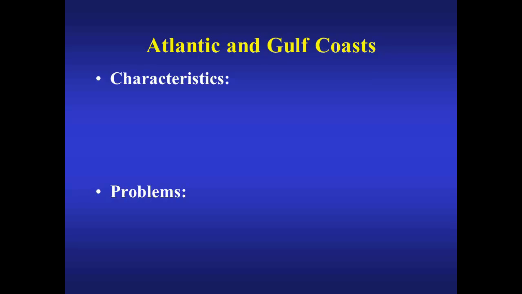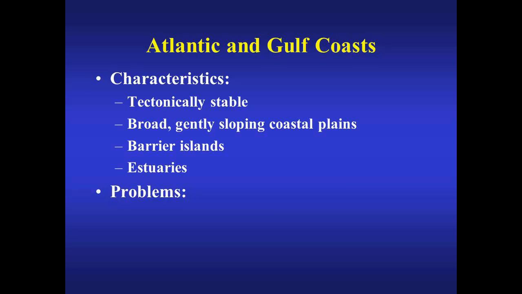Now let's look at a couple of different examples of actual coastlines, beginning with the Atlantic and Gulf coasts. The characteristics of these coastal areas include, for one thing, that they're tectonically stable. These coastal areas do not contain plate boundaries.